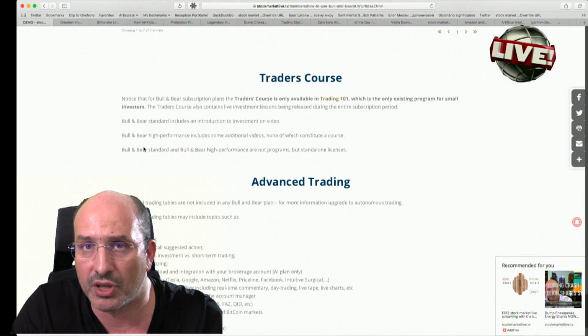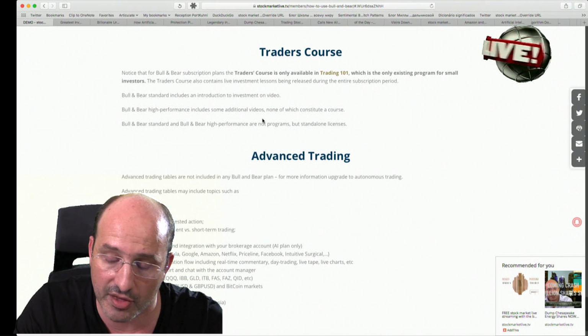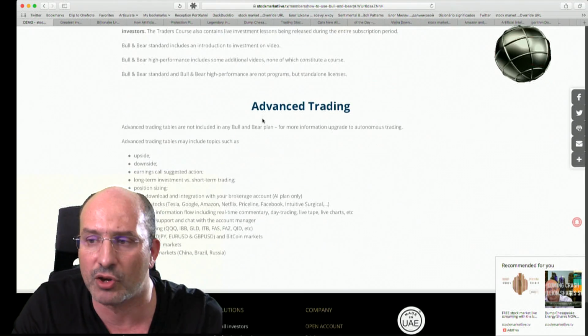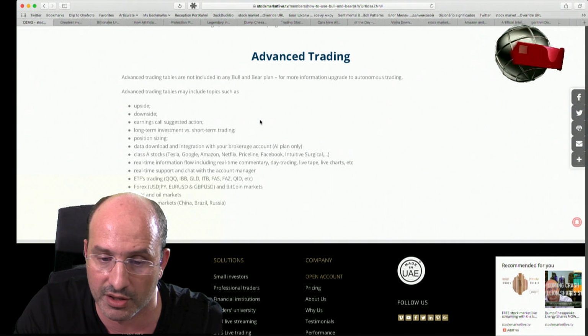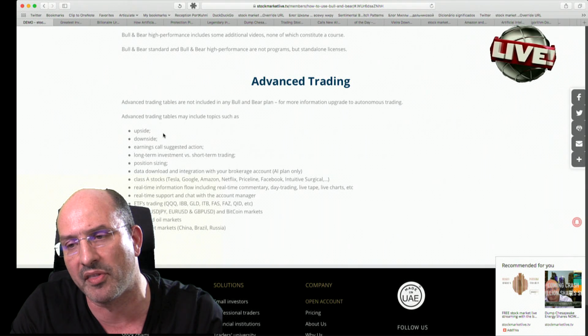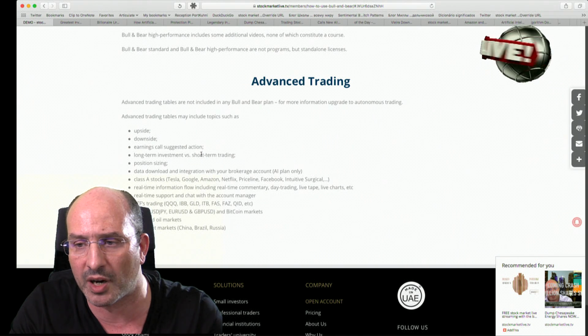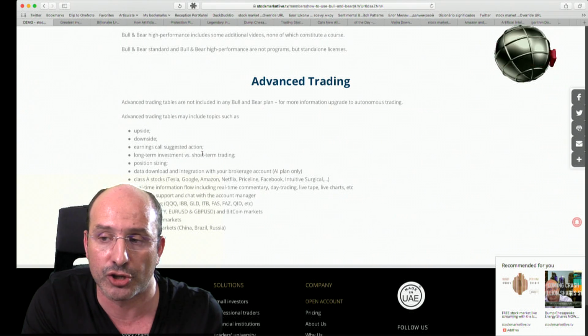And then you have the trader scores. These only exist in Trading 101 and Autonomous Trading. And then you have the tables for advanced trading. You have here some examples. Advanced trading tables may include topics such as upsides, downsides, earnings call, suggested action, long-term investment versus short-term trading.